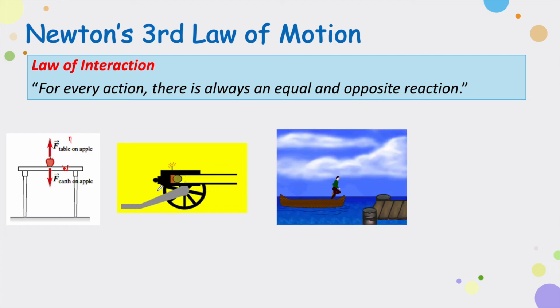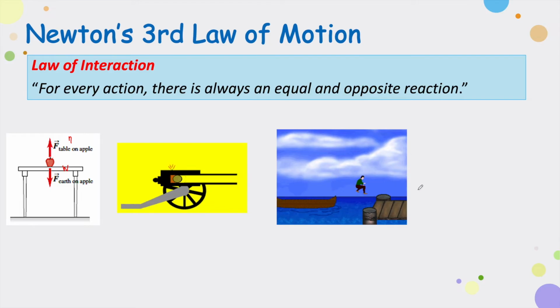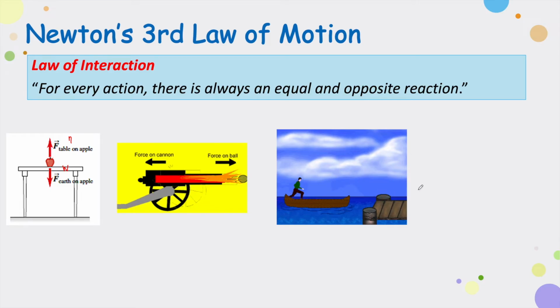Even in the example where you jump from a boat, in this direction, the boat also exerts the same amount of force and moves in the opposite direction. And even the rocket.